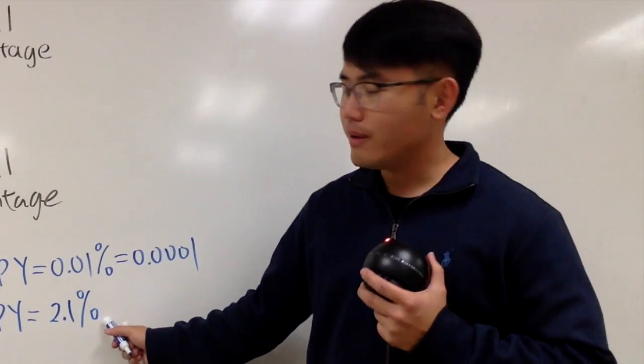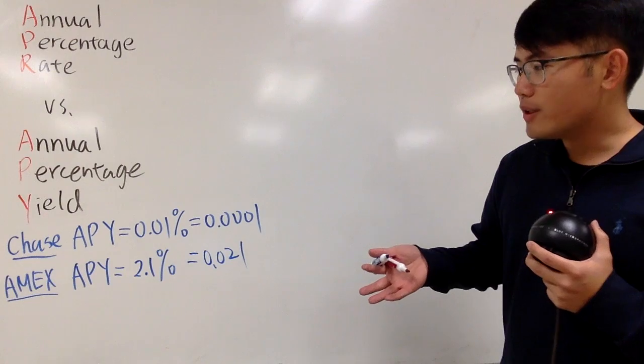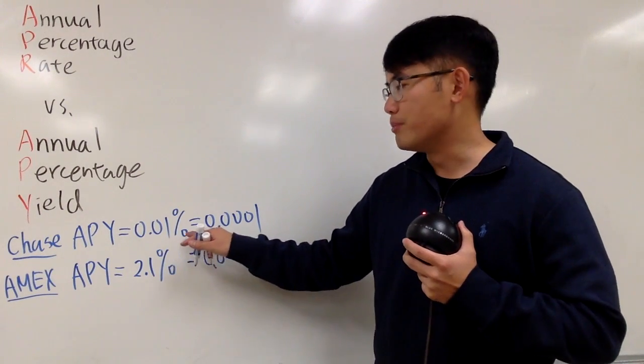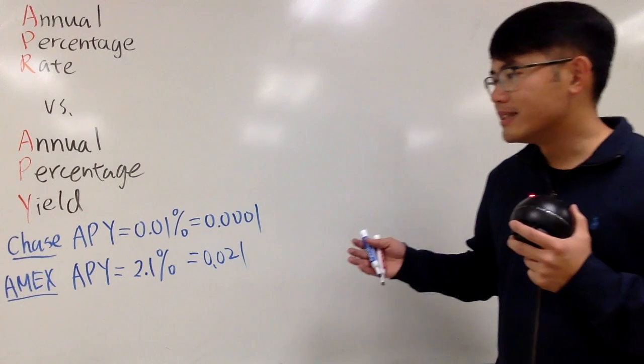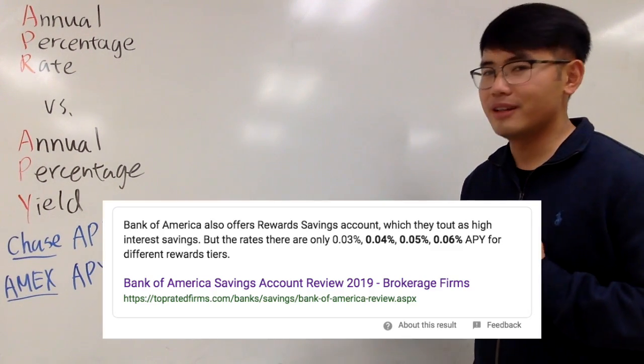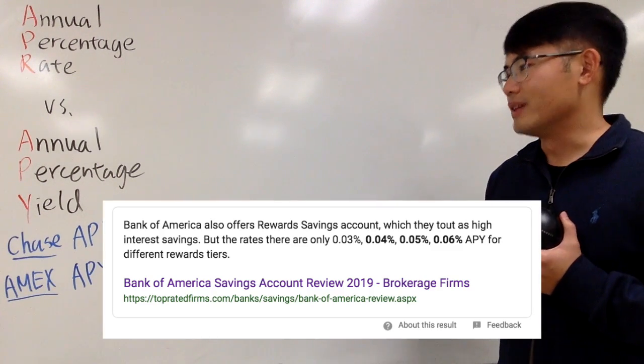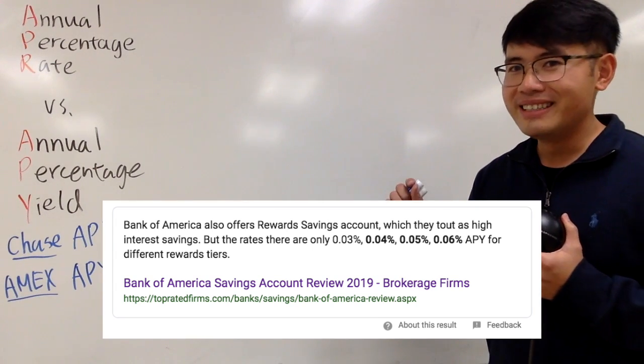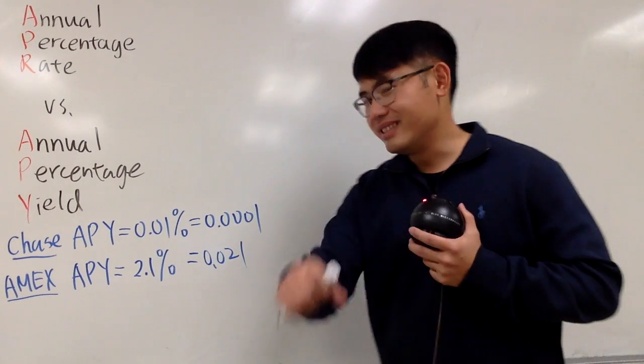Wow. Of course, if you put your money in here, it's going to be much better than if you put your money right here. Likewise, other banks, such as Bank of America, offer very tiny interest rates, but this is the one I use.